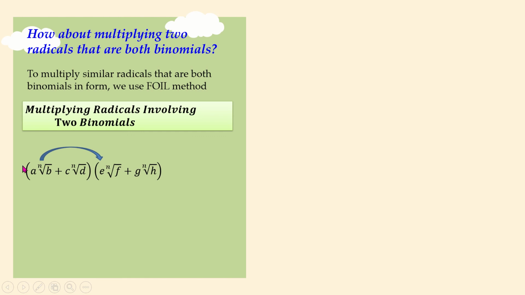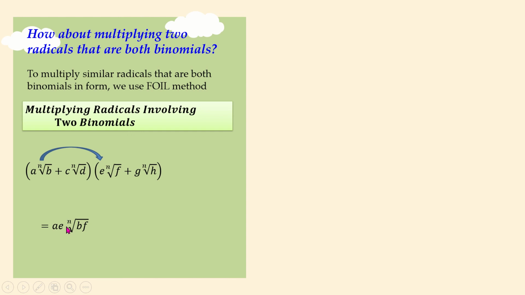So, what shall we do? We use the FOIL method. FOIL starts with F, first term. So first term of the first binomial times first term of the second binomial. That gives us A times E sa gawas, then B times F sa sulod.